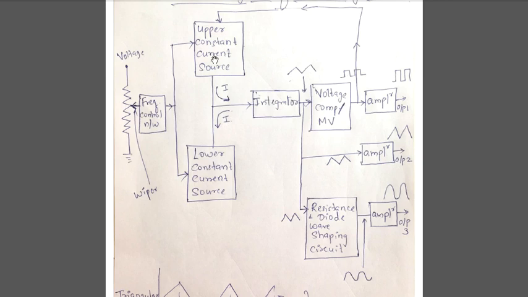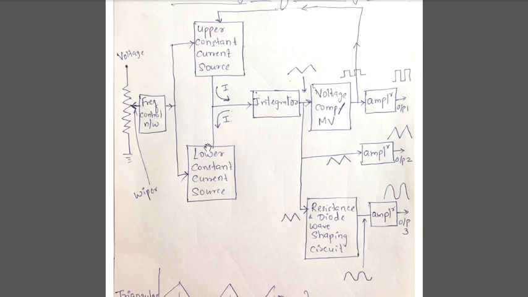In the sense, if this source provides some current to the next block, this lower current source takes some current from the next block. So this source can also be said to be sourcing some current, or giving some current to the integrator. Whereas the lower constant current source, because it takes some current from the integrator, is said to be sinking some current from the integrator.